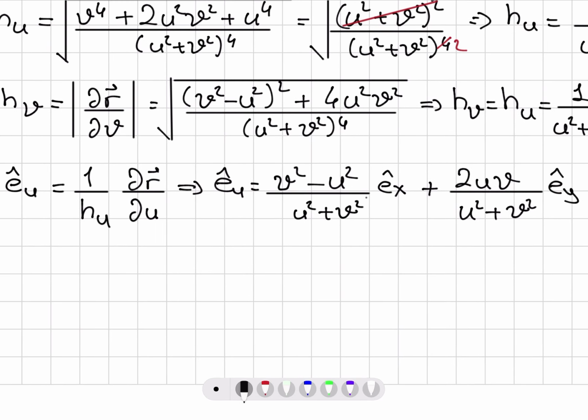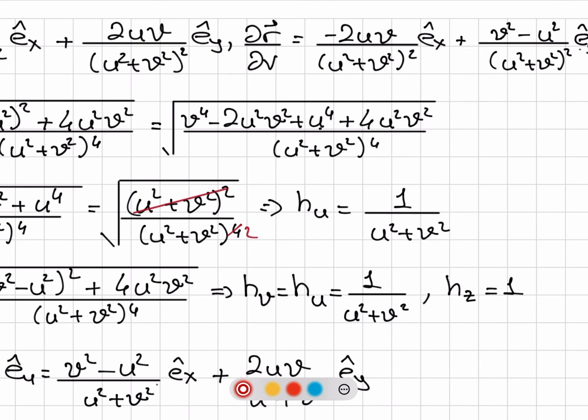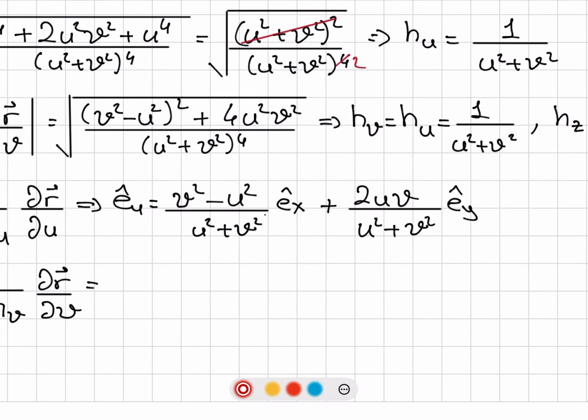And similarly, I can calculate the unit vector EV hat, which is 1 over the scale factor H sub V del R del V. And once again, dividing it by the scale factor H sub V means I'm multiplying this with U square plus V square. So one of these will disappear.